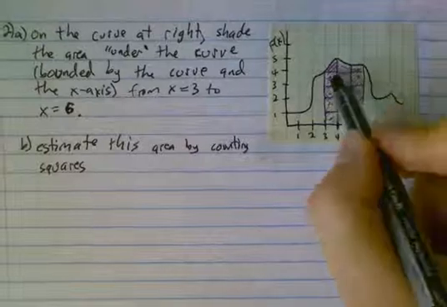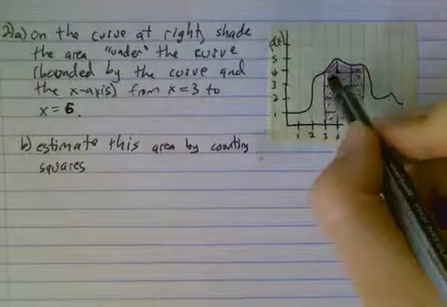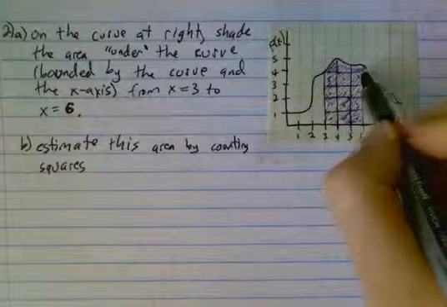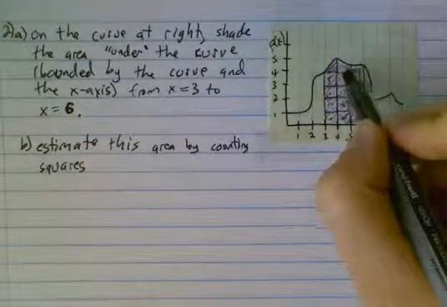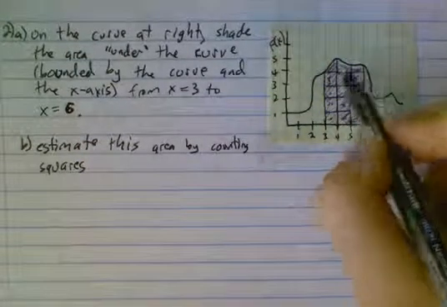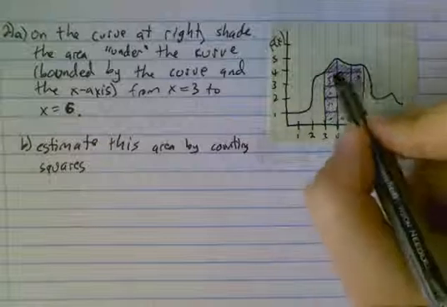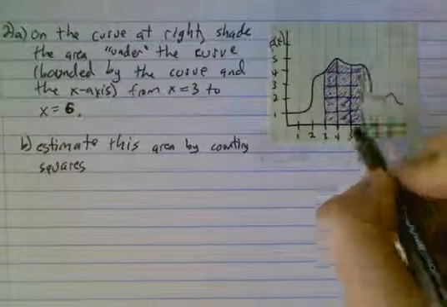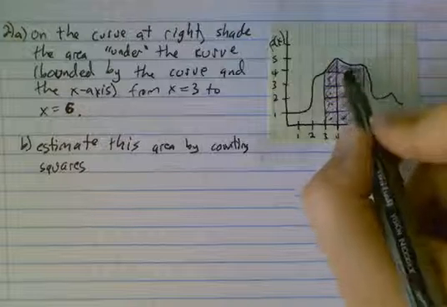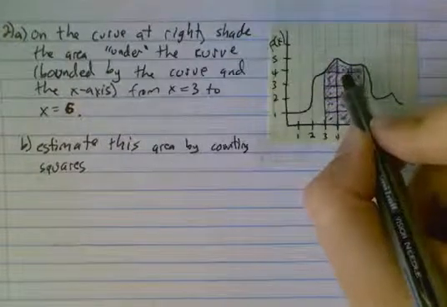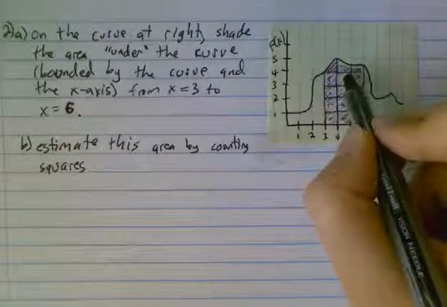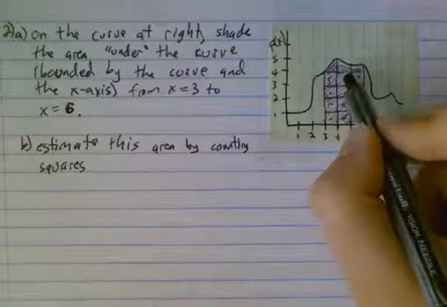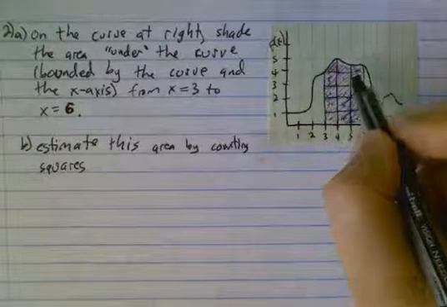And then up here we can see we've got part of squares. It looks like there's about half a square there, about half a square there, and a little more than half a square there. So I'm going to say that we've got our 12 here. This one and this one, when we put them together, that's about another square, so that's 13 total squares. And then this looks like more than half a square, so call it 13.6, 13.7, 13.8, somewhere between 13 and 14 little squares.